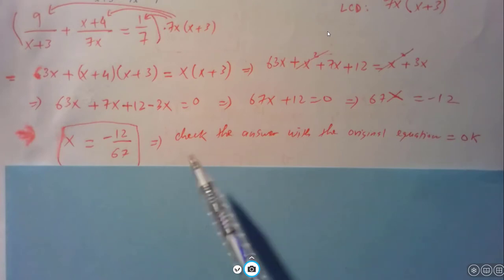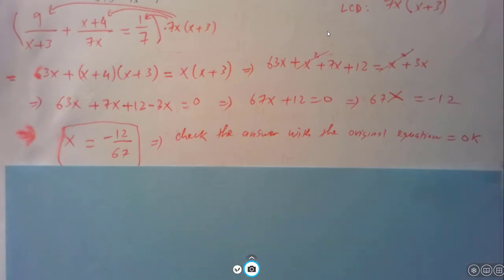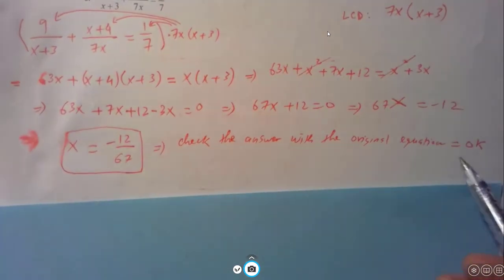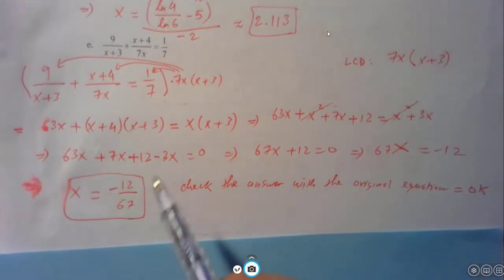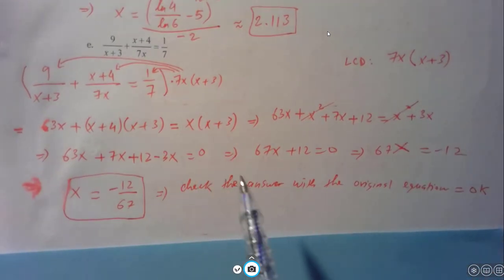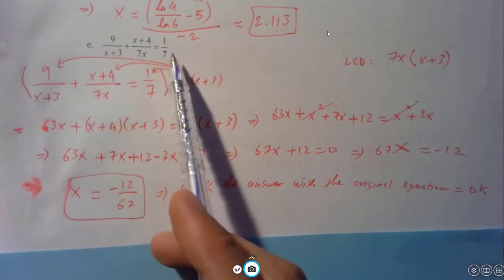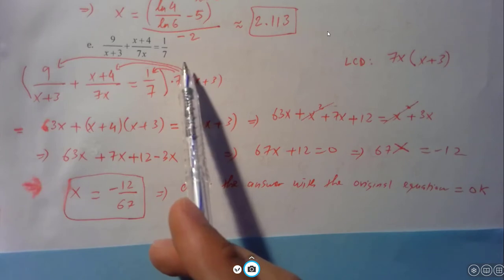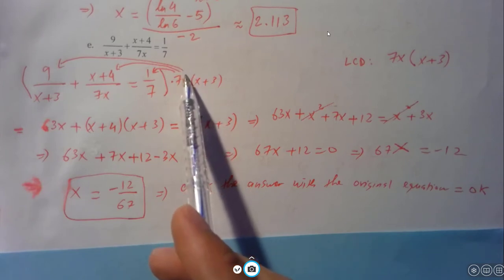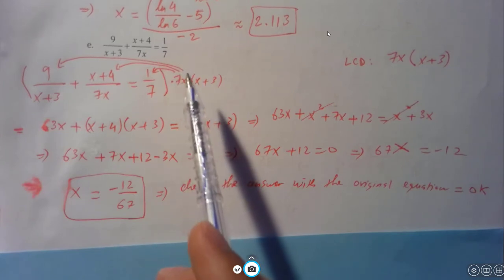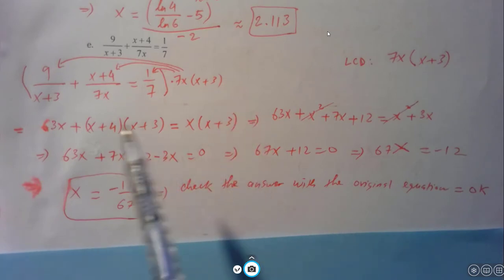And make sure to check the answer with the original equation, which is okay in this case. Anytime you are solving a rational equation, you have to check the answer, because you don't want to end up dividing by 0, because dividing by 0 is undefined. So always check the answer with the rational equation.